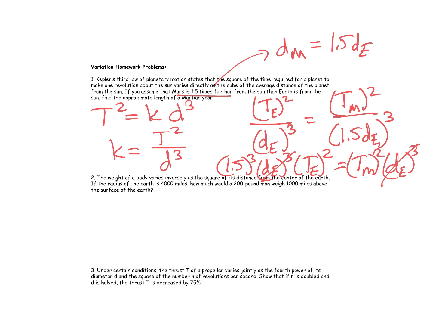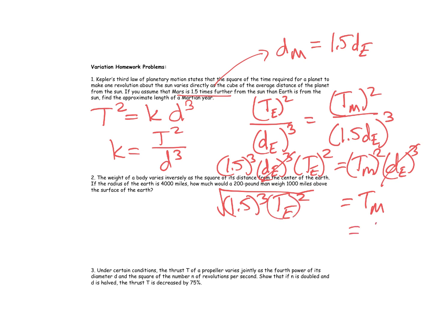So now the only thing we can compare time on Mars to, honestly the only time we know, is Earth years. So I'm going to compare it to Earth years. So time on Mars, if I isolate that, that just means I'm taking the square root of 1.5 cubed times T Earth squared.